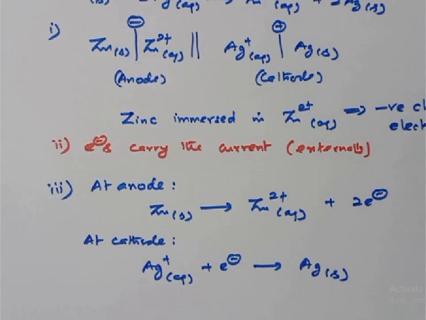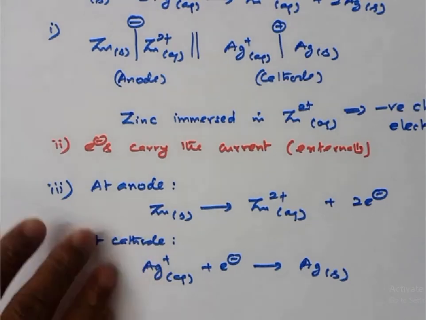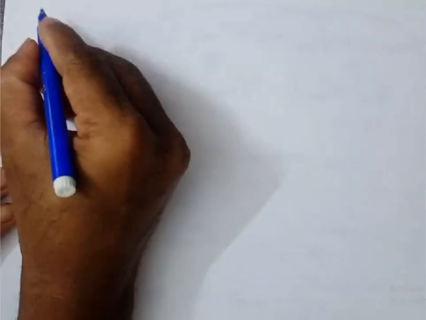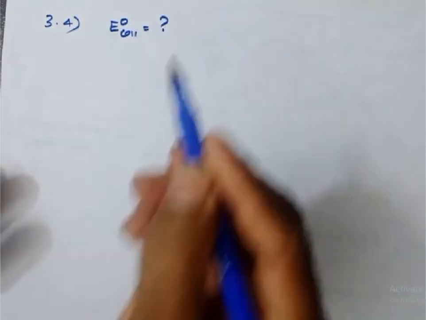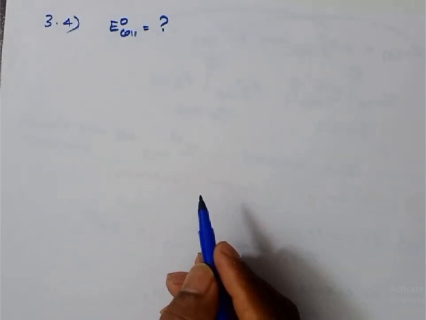So this is question number 3.3. Then question number 3.4: calculate the standard cell potential of the galvanic cell. Let me do it. They are asking you to calculate the standard cell potential, and here cell reactions are given.